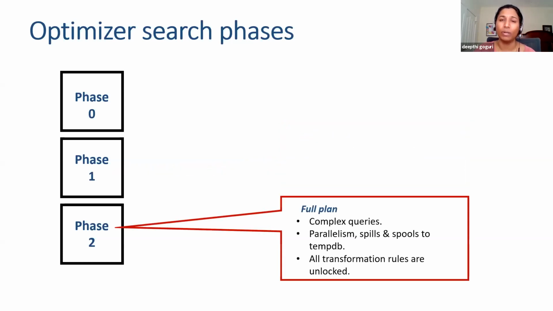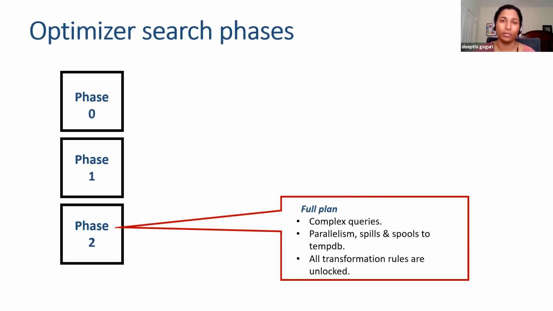These execution plans are created for more complicated queries, and most of the parallelism, spills, and spools to TempDB happen here. It's not like phase 0 and phase 1. The optimizer now has to unlock all these transformation rules, some thousands of them, right? In phase 2, the optimizer will just prune off all the transformation rules it doesn't need.